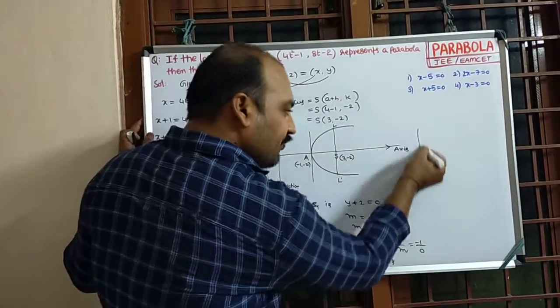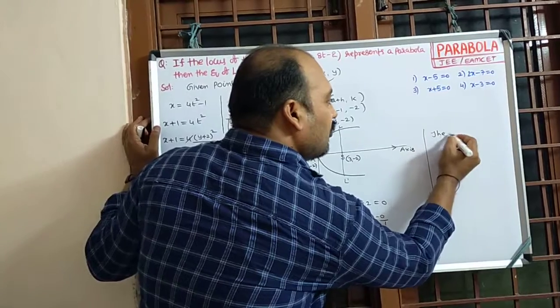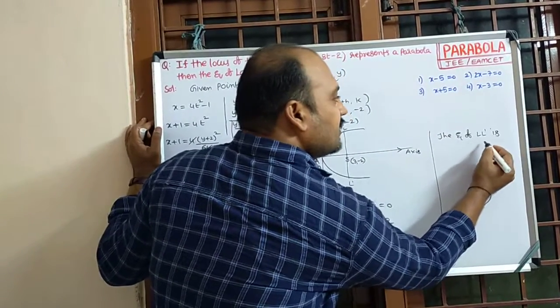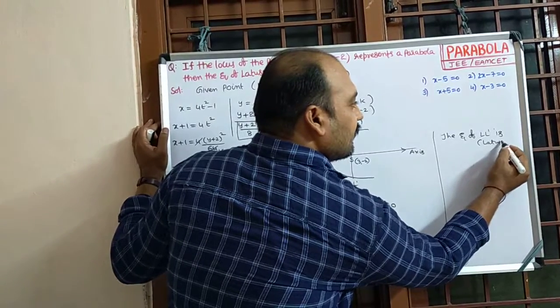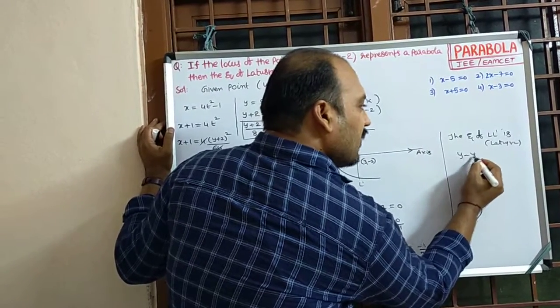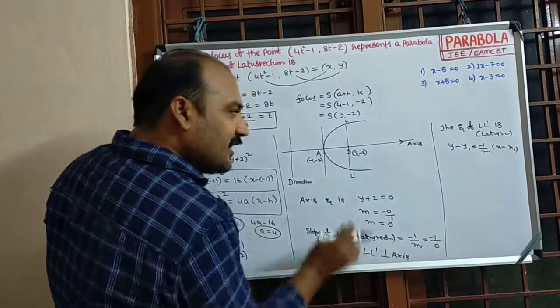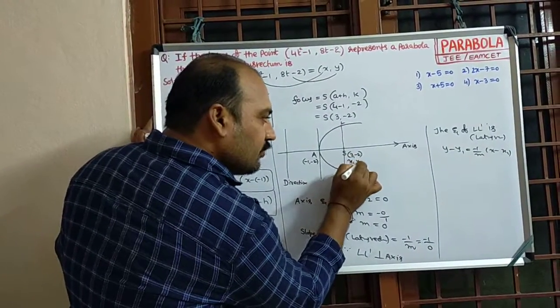(3, −2). Therefore the equation of LL', that means the latus rectum, is y − y1 = (−1/m)(x − x1). (x1, y1) is (3, −2).